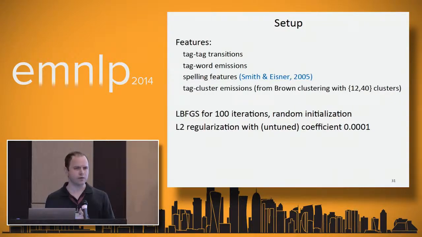So we run Brown clustering on our part-of-speech unlabeled training data twice, and then have features that pair tags in our system, which are just numbers from 1 through 12, with each of the Brown clusters. We optimize using LBFGS. For all of our runs we used untuned L2 regularization, and we found in subsequent experiments that the strength of the L2 term didn't really matter all that much as long as it was small enough.